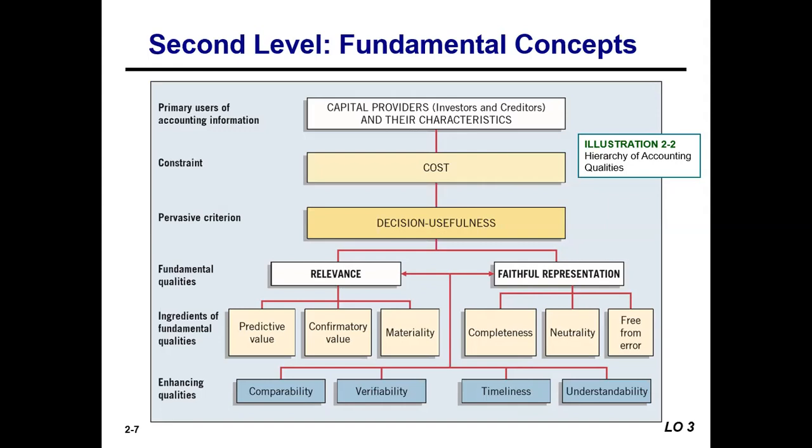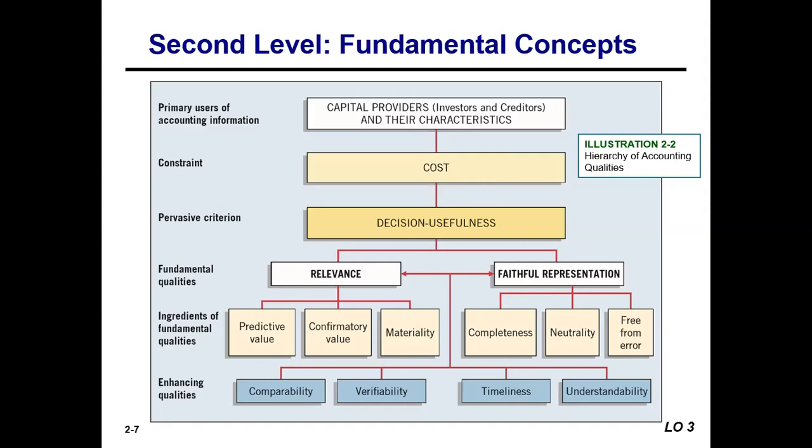Confirmatory value relates to predictive value in as much as, okay, we can predict what happens, and then at the end of the year, we can confirm that's what actually happened. So along those same lines, using the example of revenue, we look back at Apple's last 5 years or 10 years, and we say, okay, over the past 10 years, Apple has increased revenue year over year by 10%, which is actually larger than that, but we'll just say, for example purposes, 10%, right?